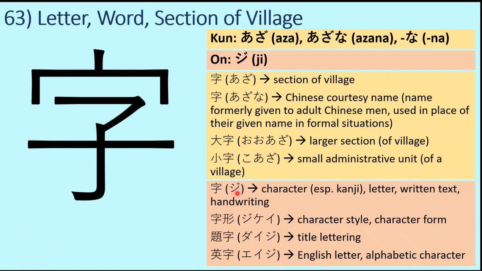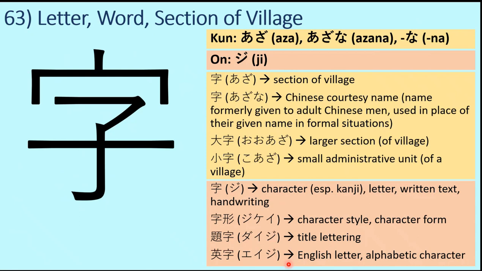So this symbol's pronunciation is ji and the meaning is a character. For example, in kanji, letter or written text or even handwriting. Then we have jikei. Jikei means character style or character form. Then we have Daiji. Daiji means title lettering. And we have AG.